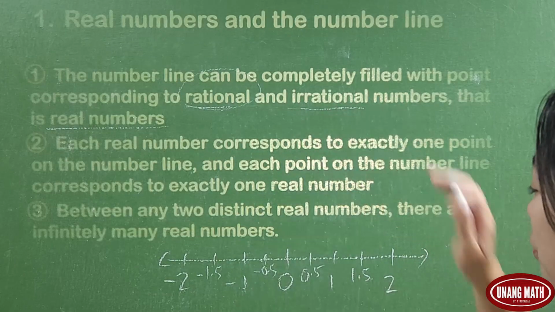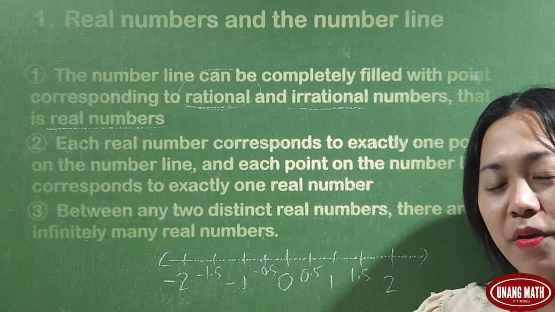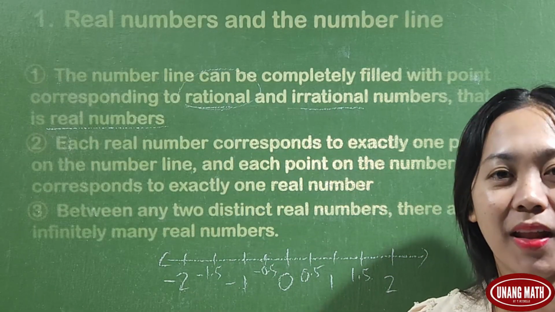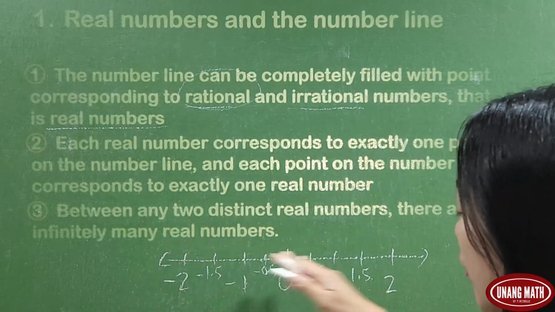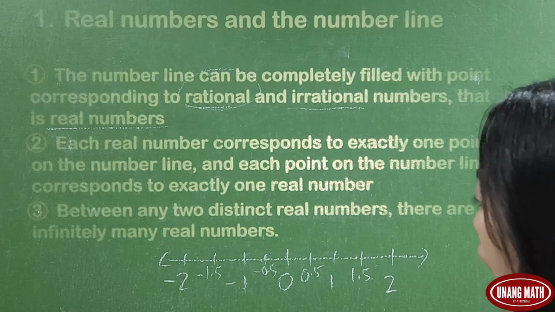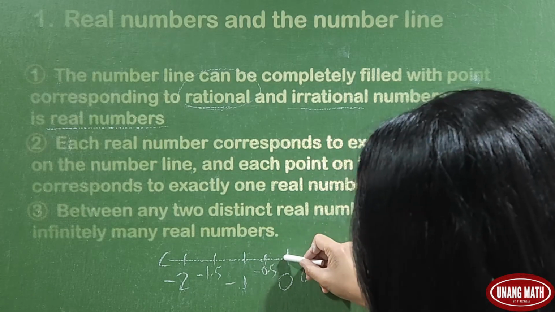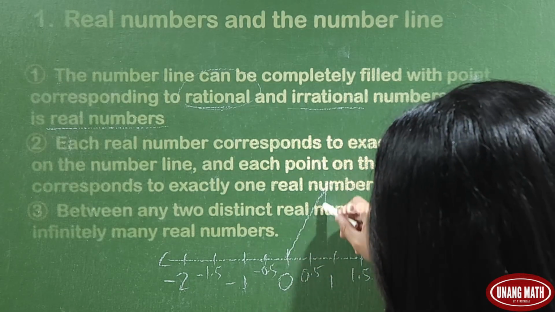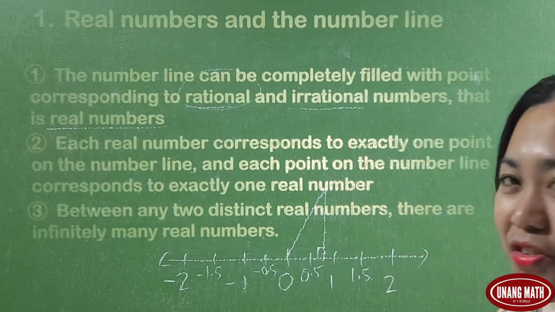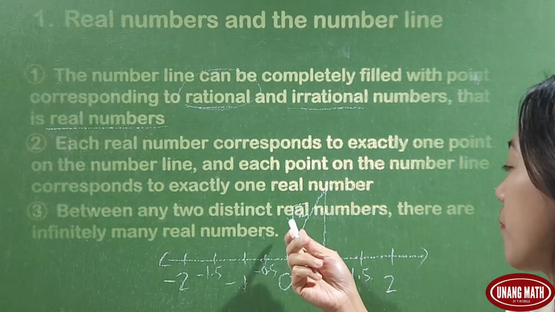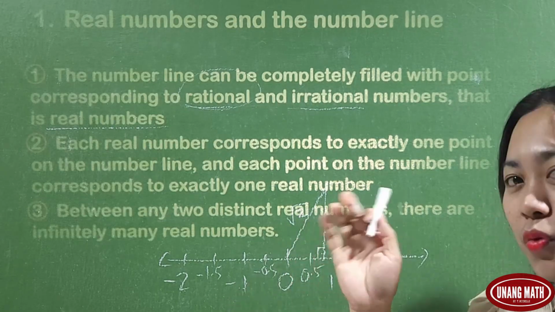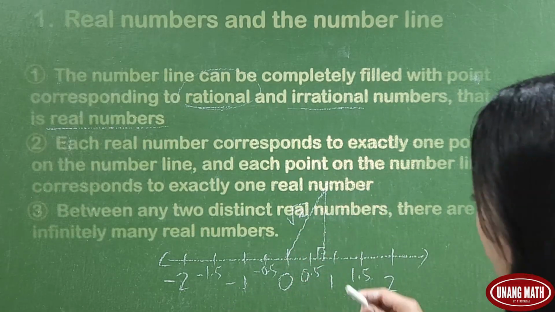How about irrational numbers? In the previous episode, we already studied how to represent irrational numbers on the number line. If this is the hypotenuse of the right triangle, let's say this is square root of 2. Square root of 2 is 1 point something.